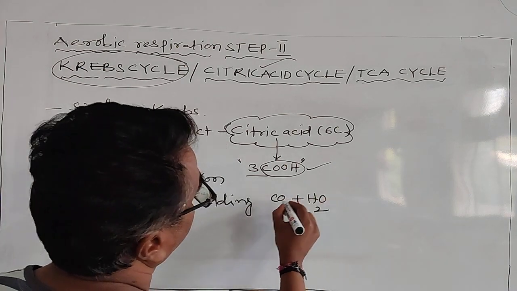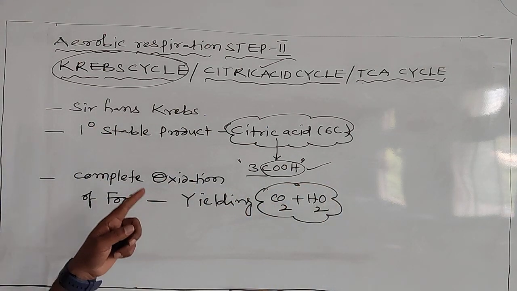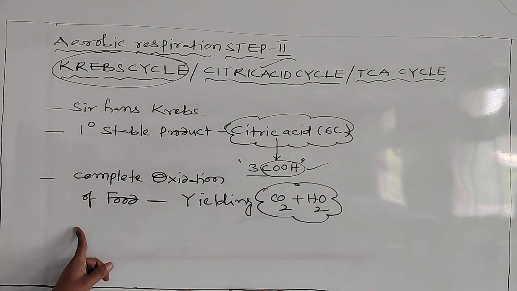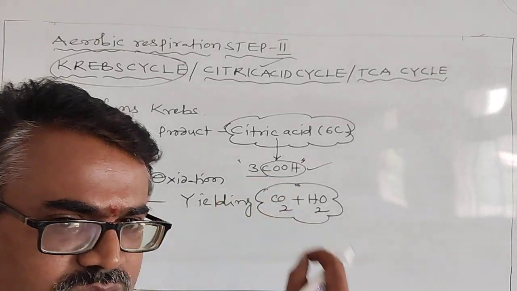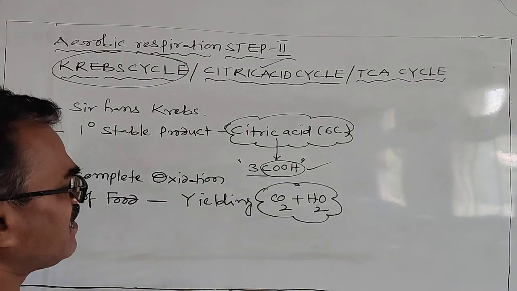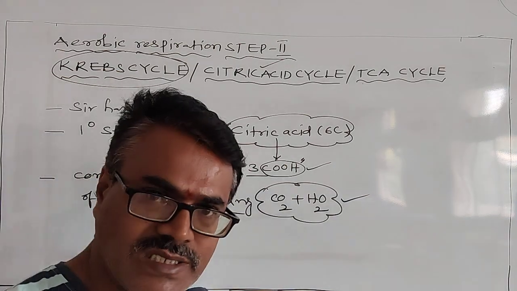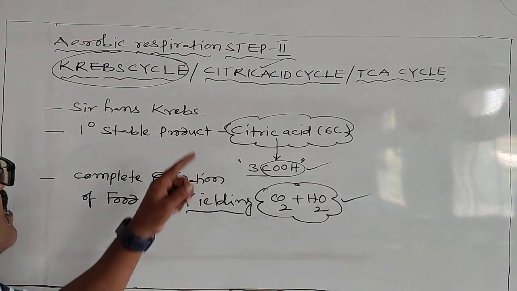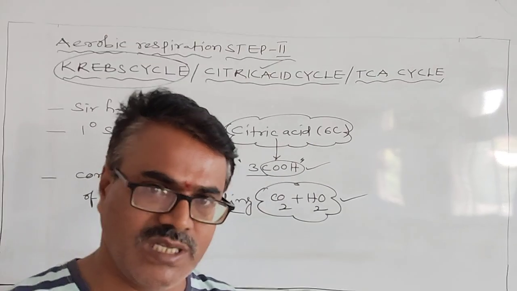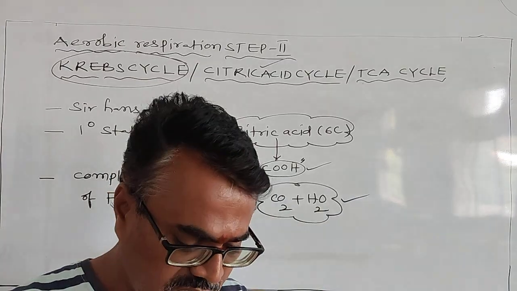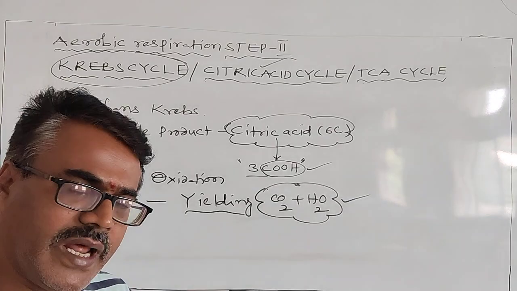In aerobic respiration step 2, the complete oxidation of food takes place, resulting in the formation of CO2 and water. The main importance of this is the liberation of energy, the production of ATP.